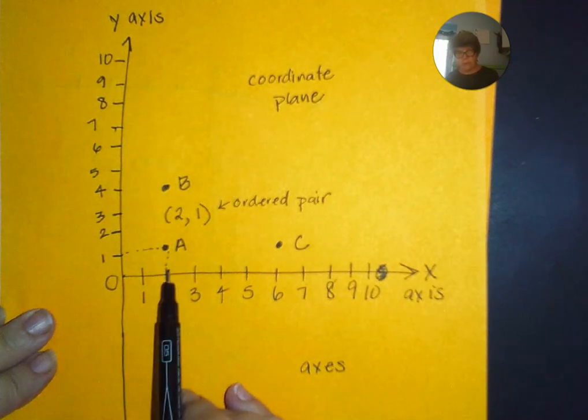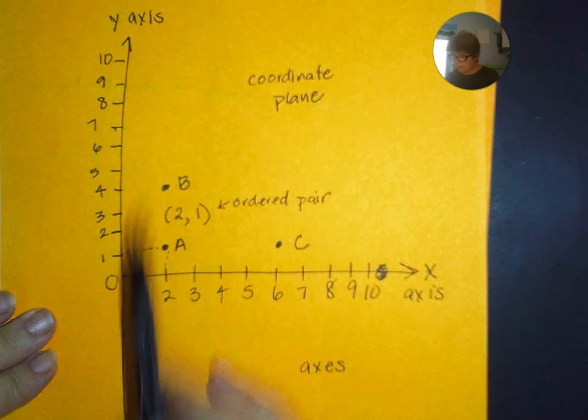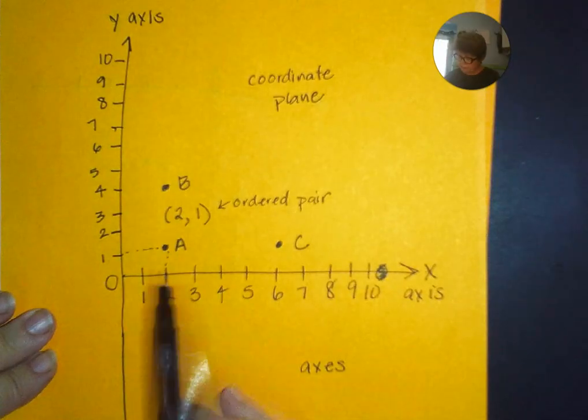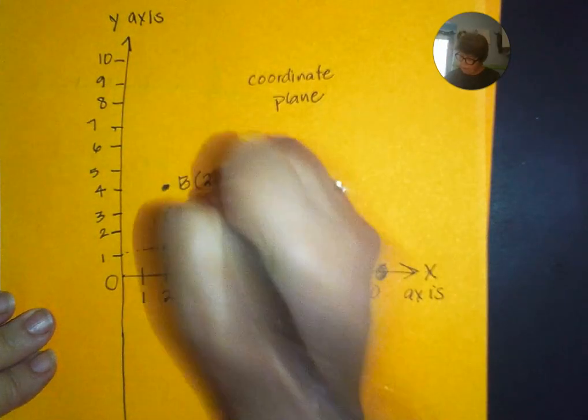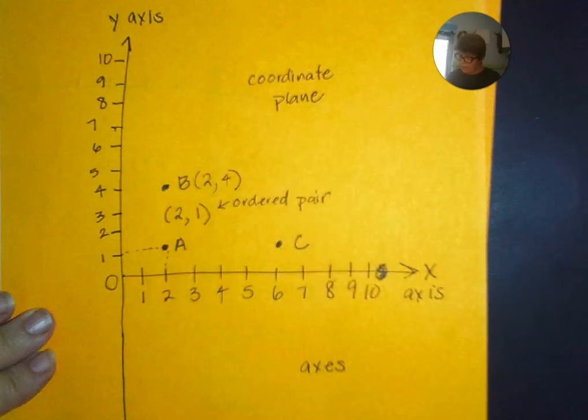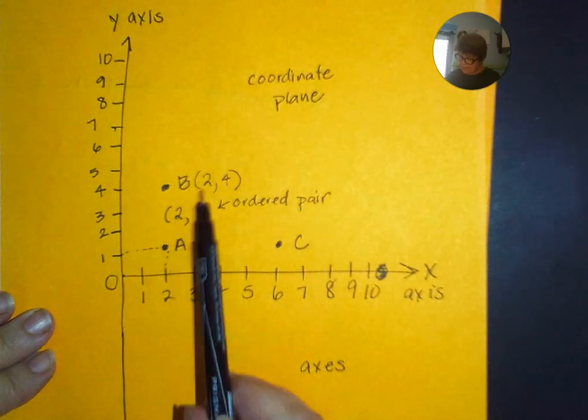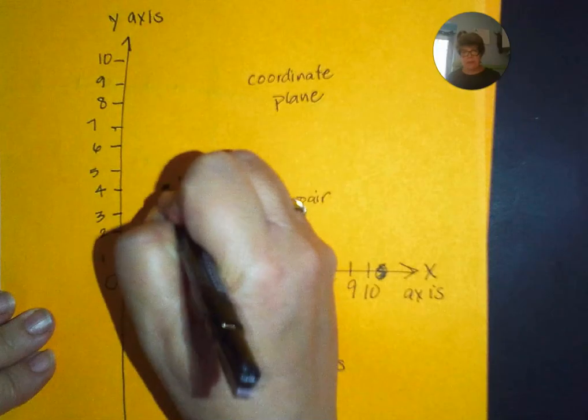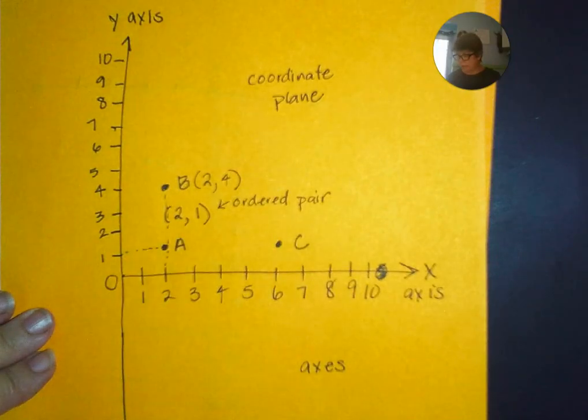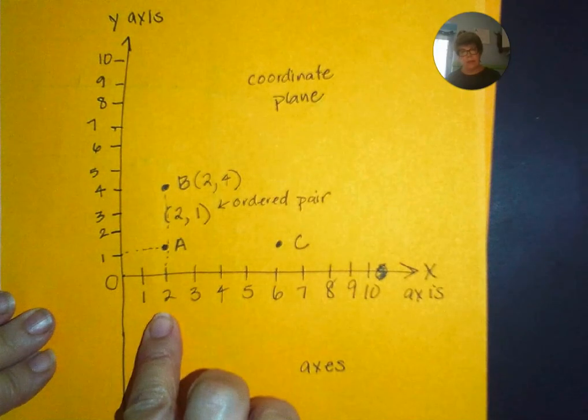Across and up. And you can start at 0 and see that you're going 2 across and 4 up, right? So it has the same x as A because it's on the same across of 2 and then up as 4.